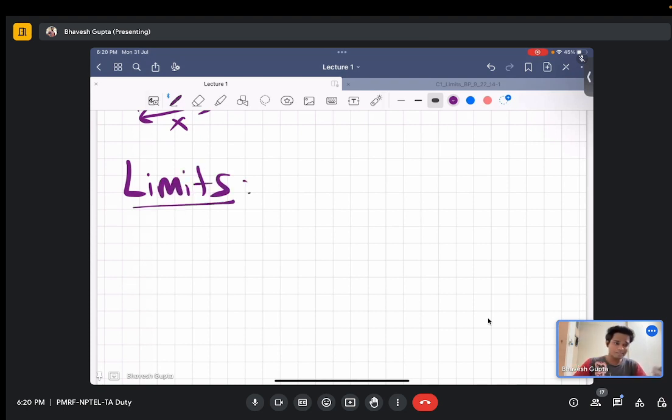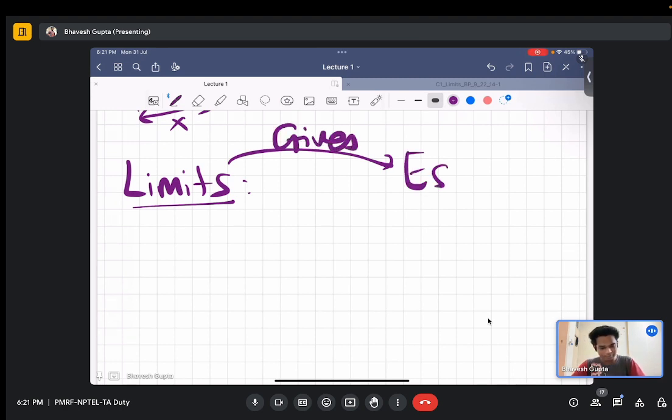The concept of limits tells you the behavior in a particular scenario where you are unable to find it, maybe experimentally, maybe through some computer calculation. Now you want to estimate. So what do limits basically give you? Limits give us an estimate. It just estimates.